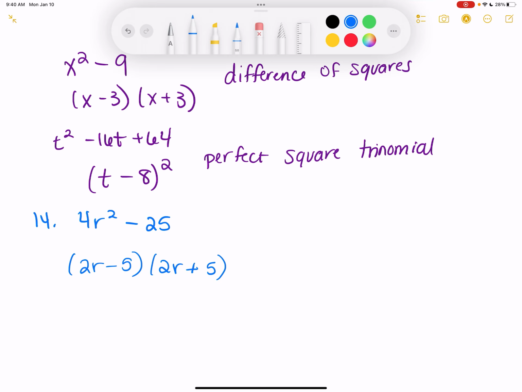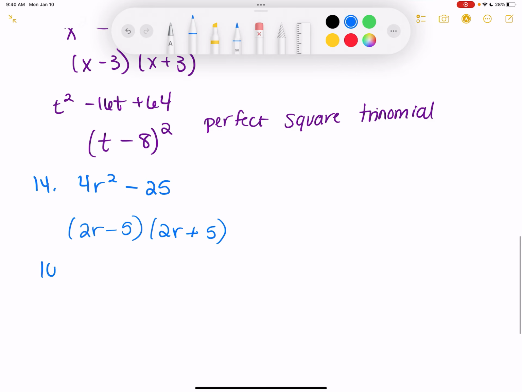Let's see. 16, we've got 16s squared plus 8s plus 1. So what type is this? I was going to say perfect square trinomial.